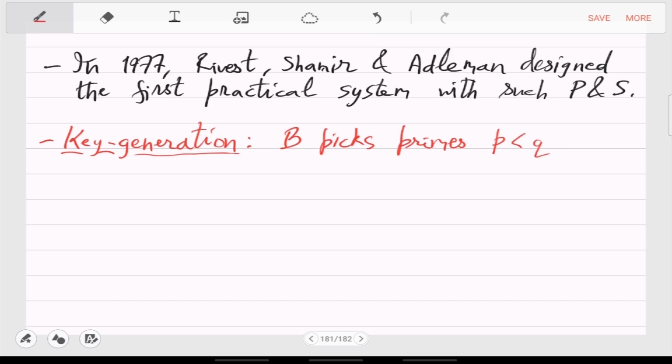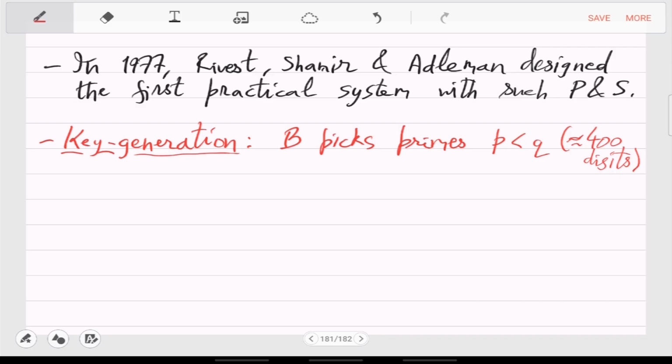So you use them around 400 digits, which means the value is around 10 to the 400, in base 10. So extremely large primes you find.